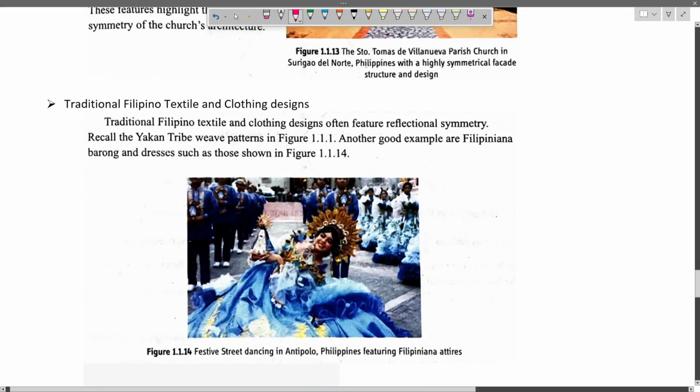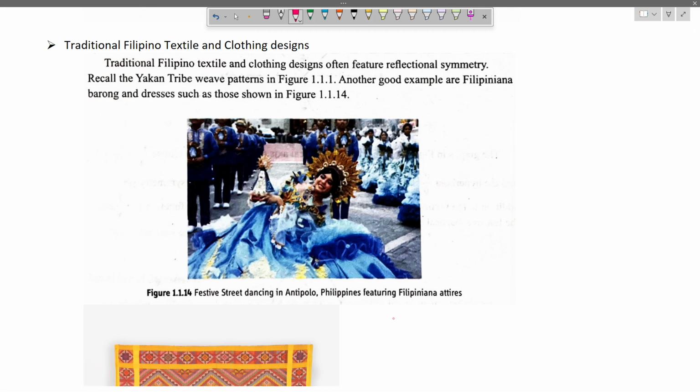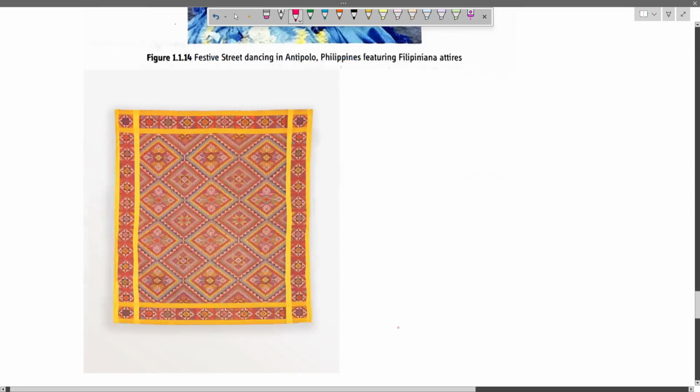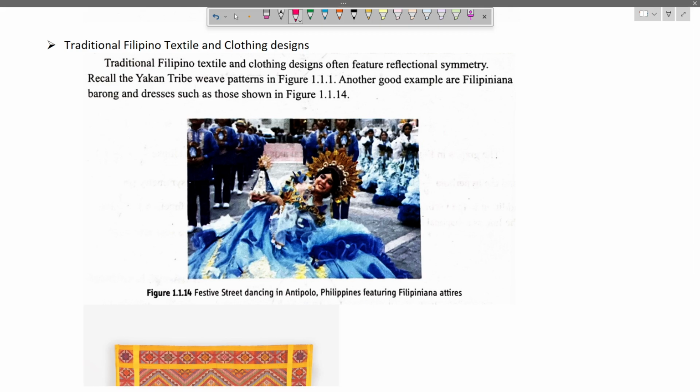We also practice reflectional symmetry in traditional Filipino textiles and clothing designs. So you can see it in patterns that we have here and also in the traditional clothing like barong and Filipiniana.